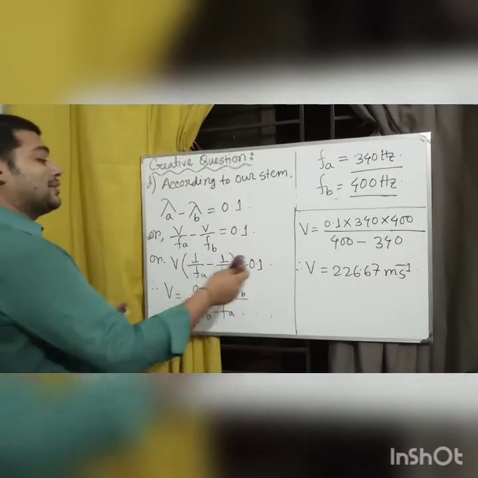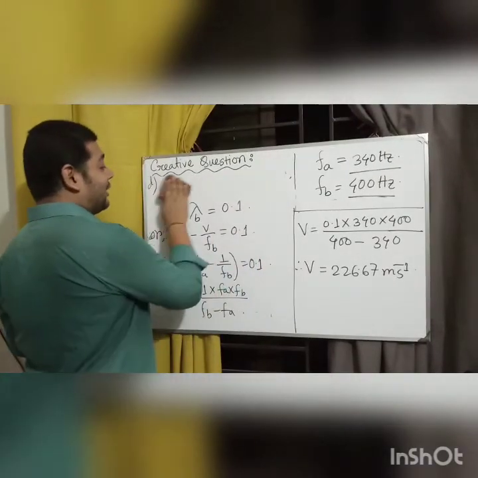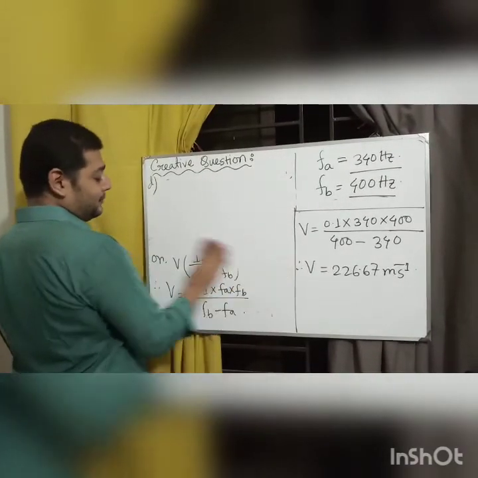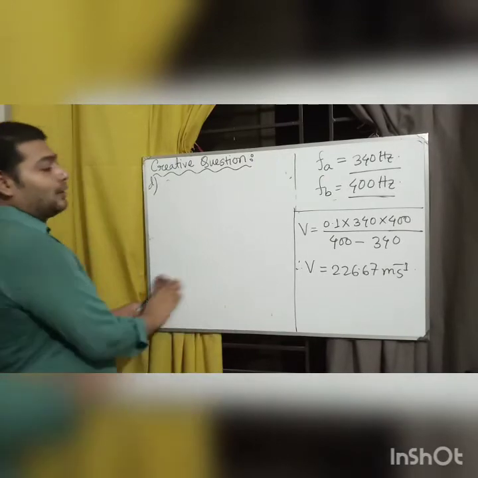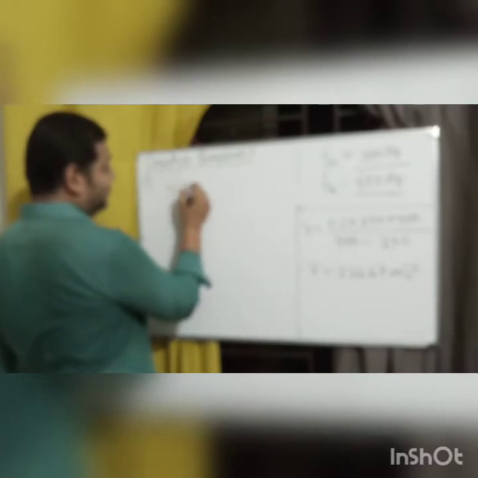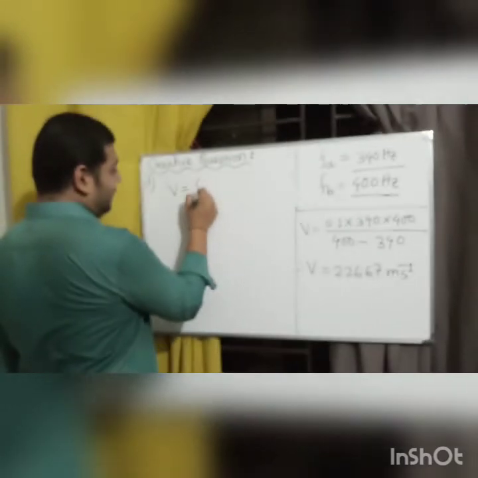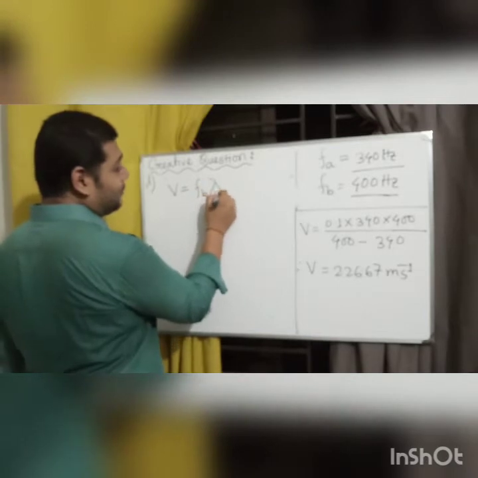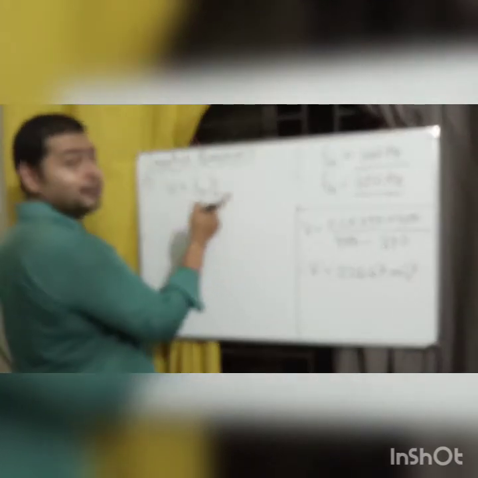Then using this velocity of sound we can calculate the wavelength of medium B. We know that V equal to FB lambda B for B medium.